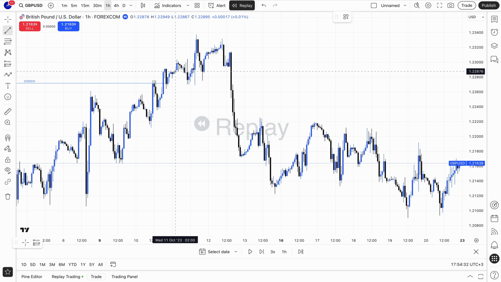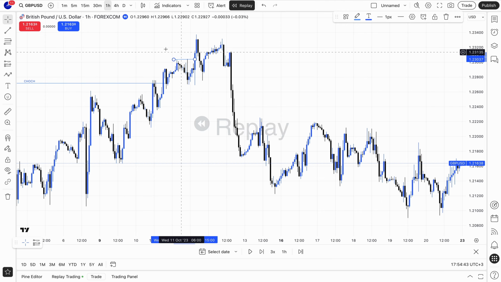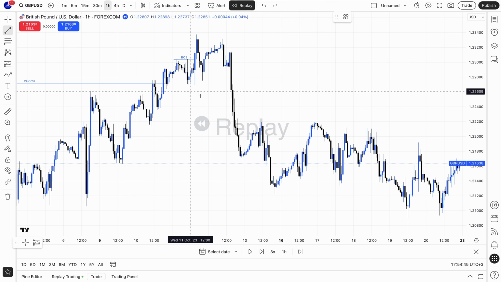Then we have our first 1, 2, 3 continuation break of structure to the upside. Then you had our change of character to the downside.